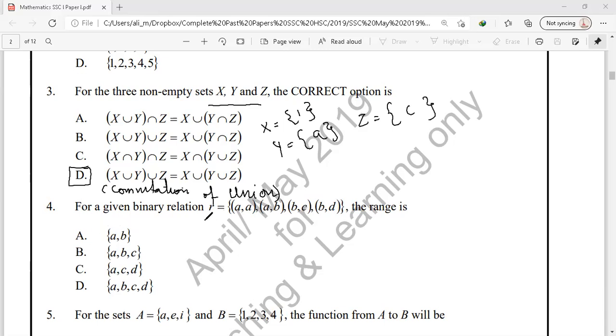In question number 4, we have a binary relation and we have to find the range of this binary relation.